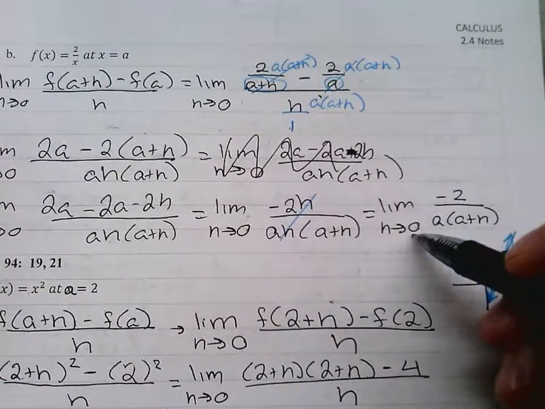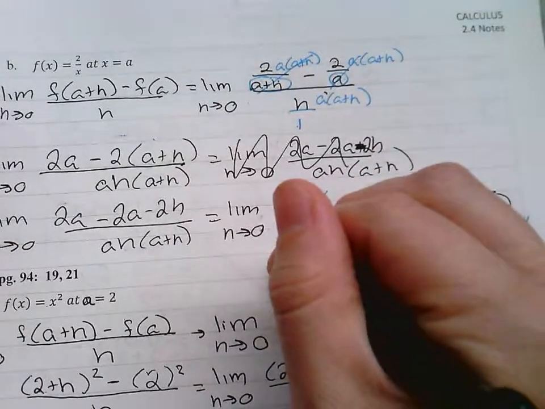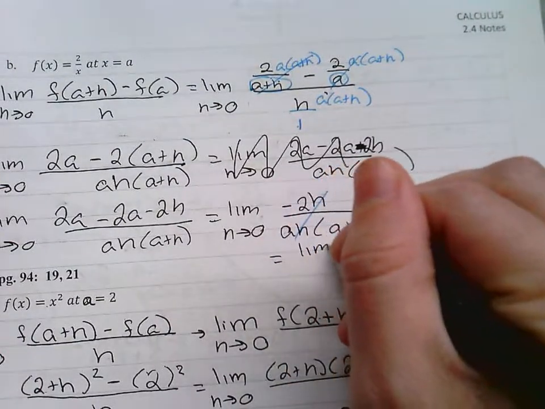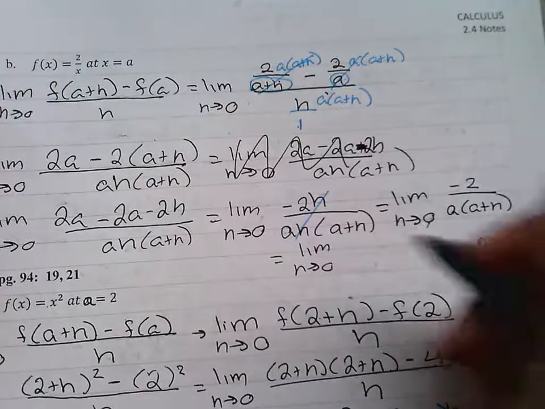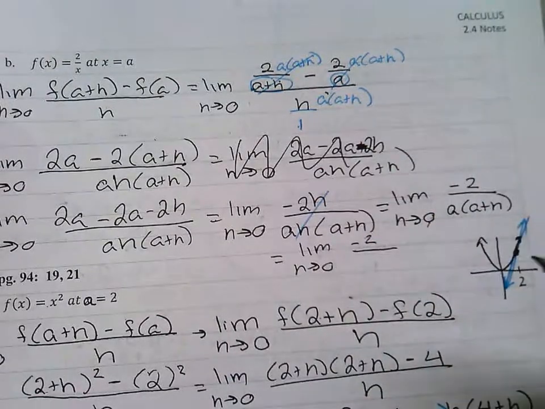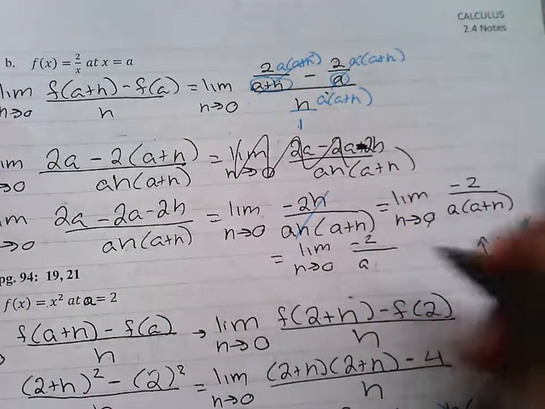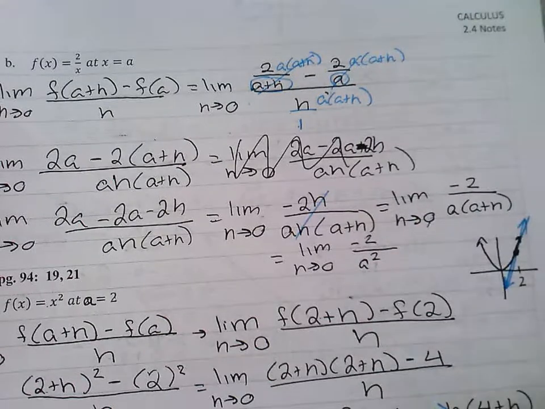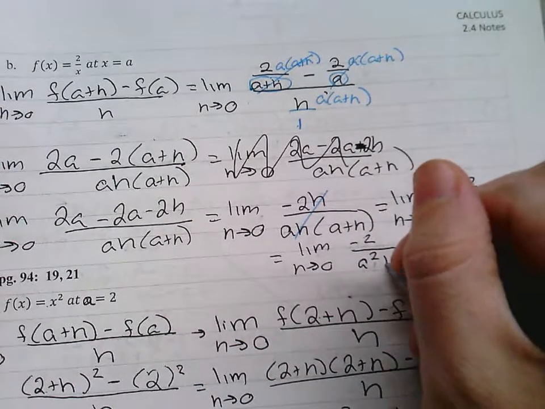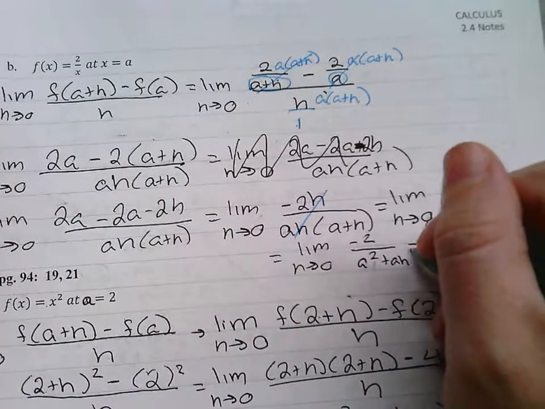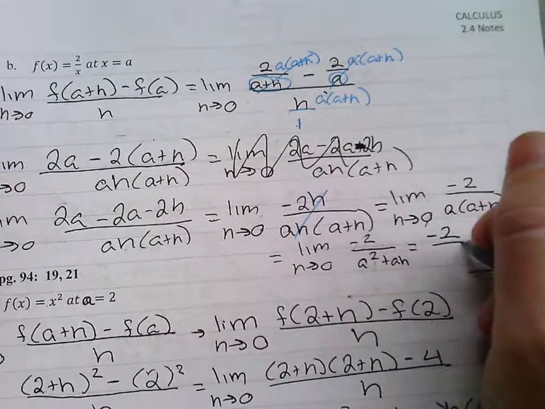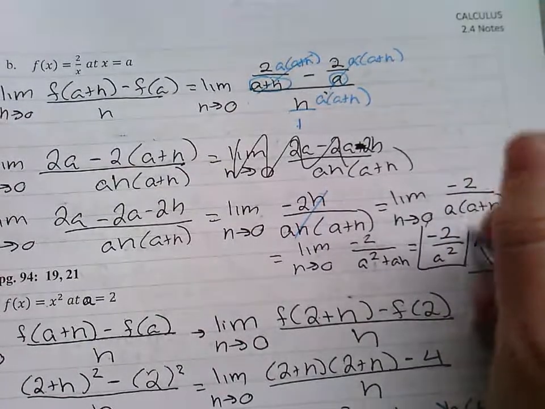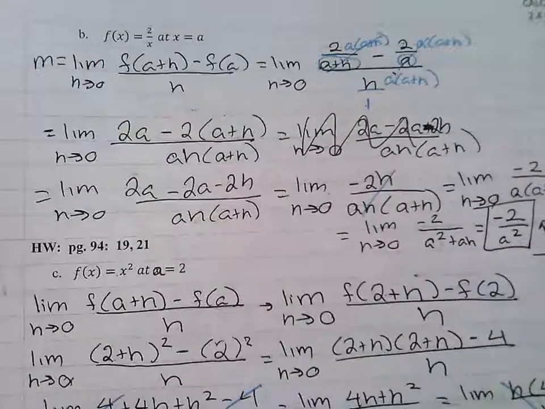Okay, now go ahead and evaluate at 0. So you get the limit as h approaches 0 of negative 2 over a squared plus ah, which you end up getting negative 2 over a squared. Okay, and there you go.